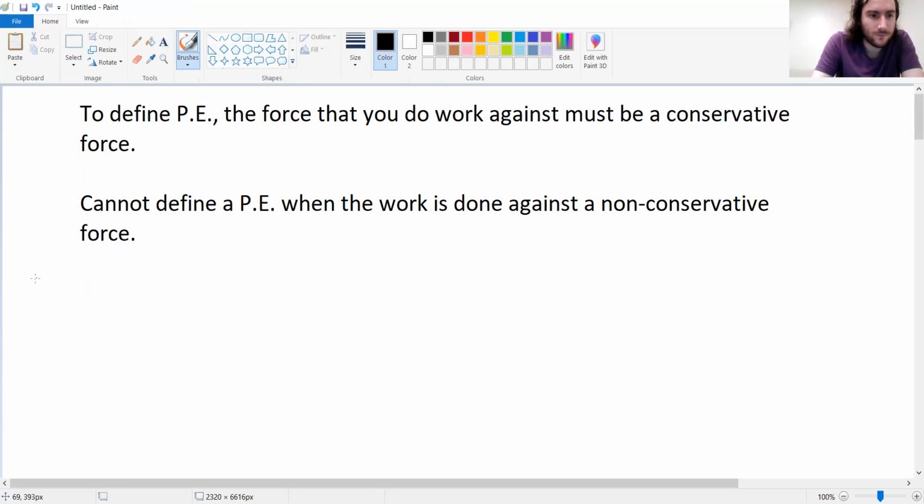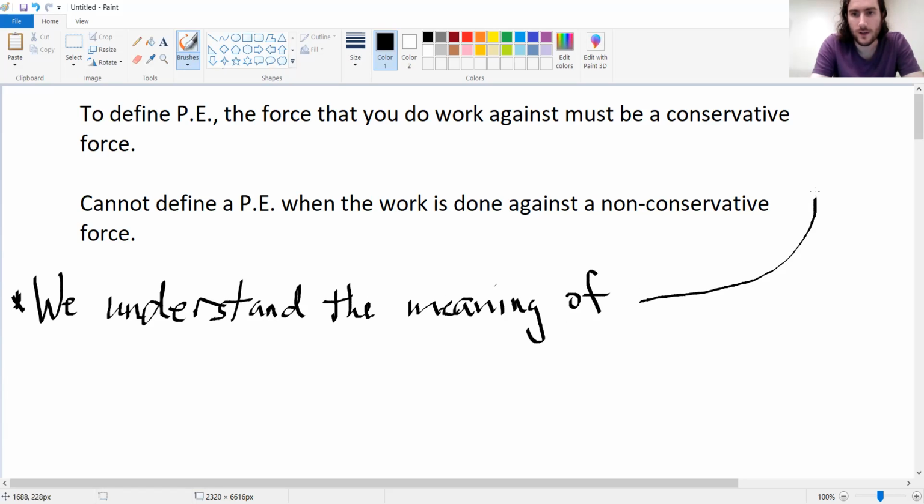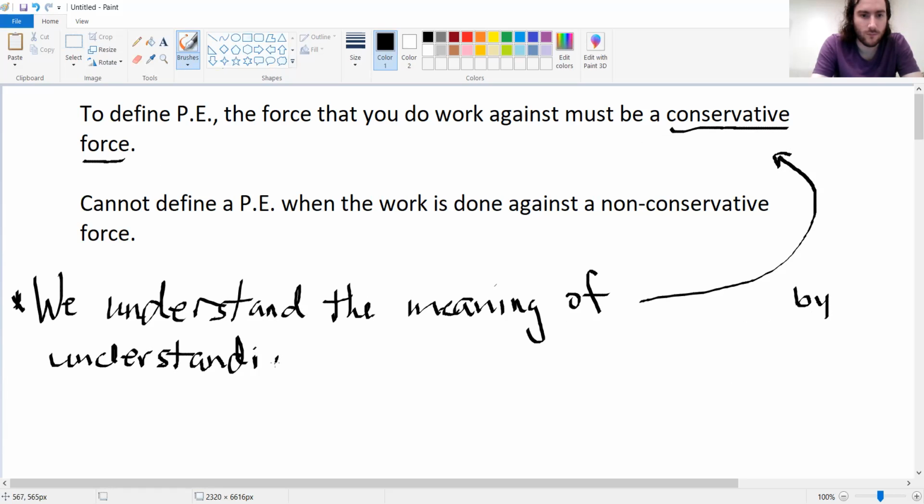So, for example, well, let's just say, so we understand the meaning of a conservative force by understanding what a non-conservative force is.